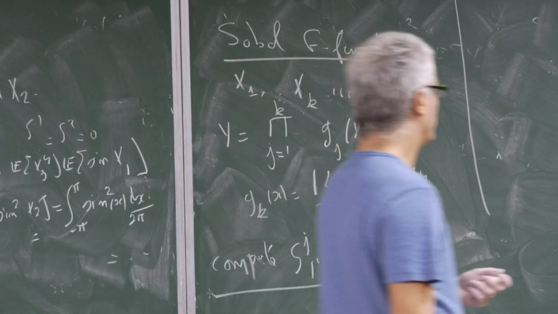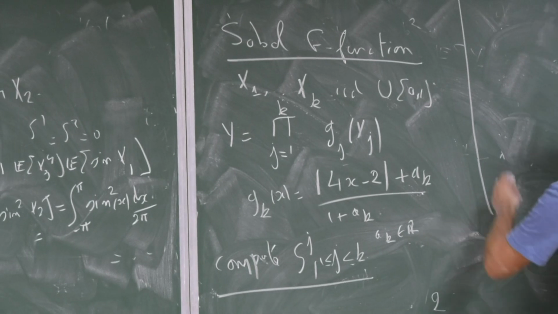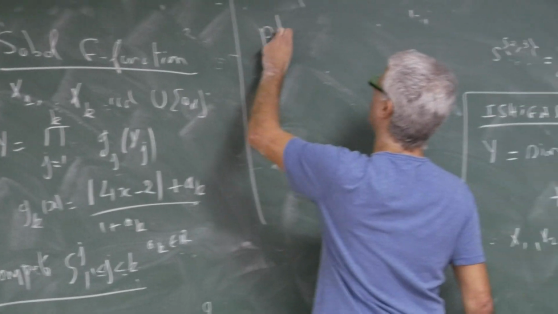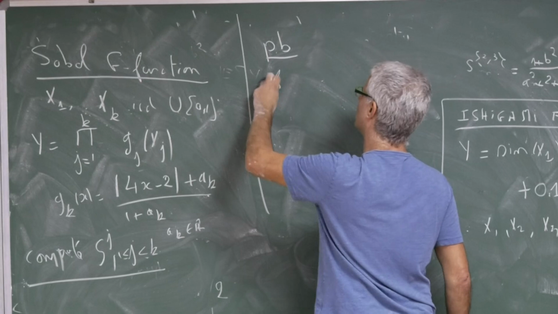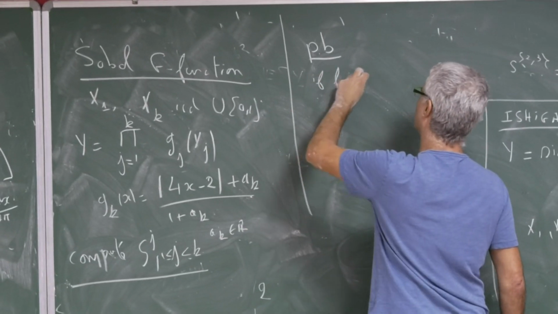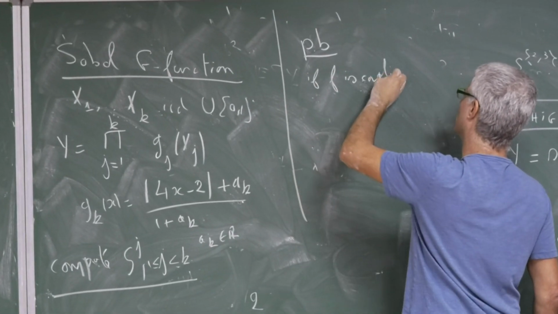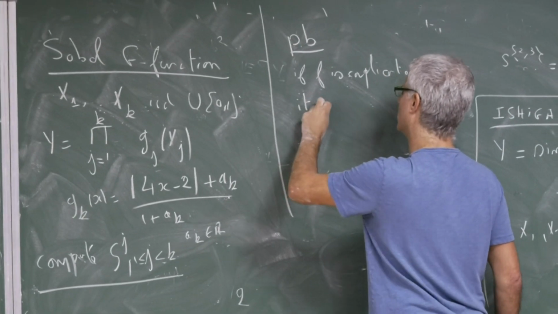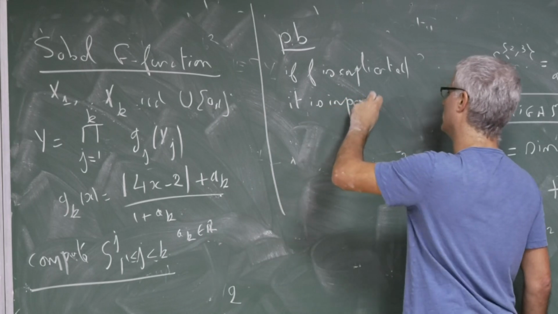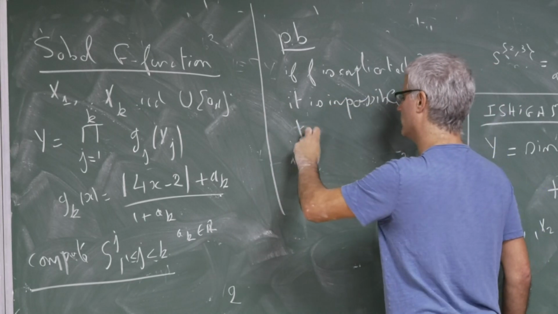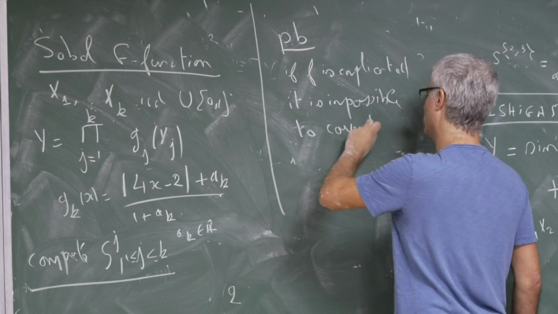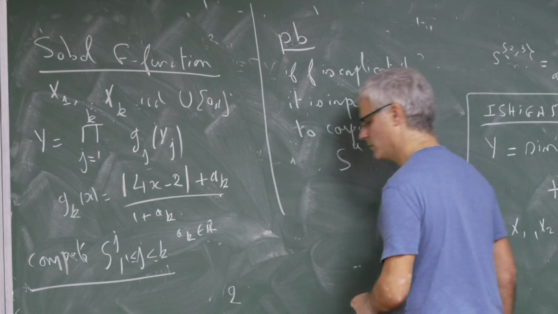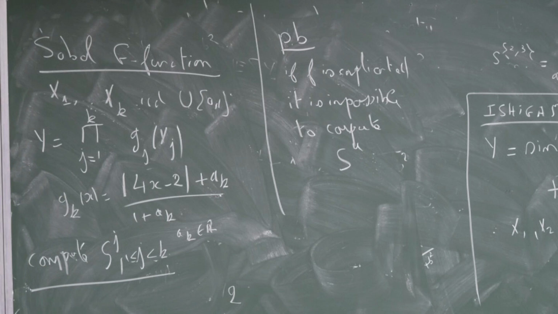So the problem: if F is very complicated, it's impossible to compute explicitly S_U, okay?